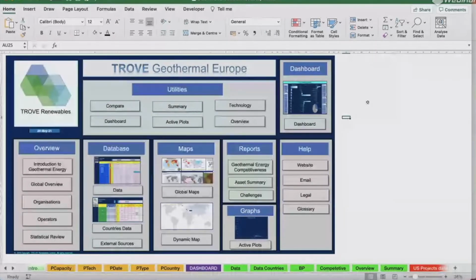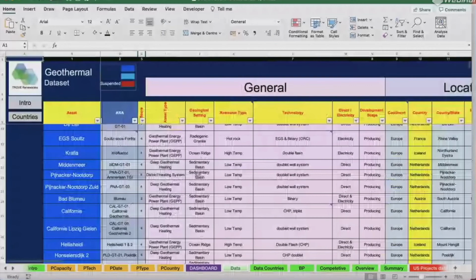All the data for TROVE Geothermal can be accessed in one table, and can be pulled into GIS systems, as I saw on the last slide of my presentation there. But for the knowledge base element of TROVE, we've divided it into 3 regions. So we have one that covers geothermal in the Americas, one that covers geothermal in Europe, and one that covers the rest of the world. And this is Geothermal Europe that we'll be looking at.